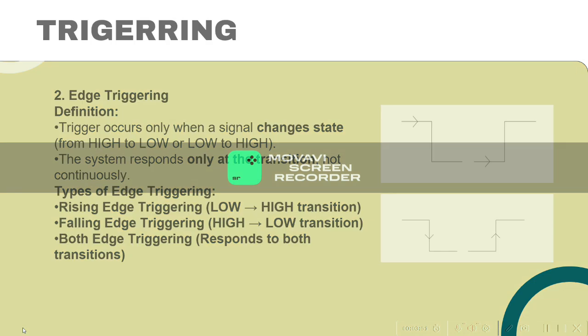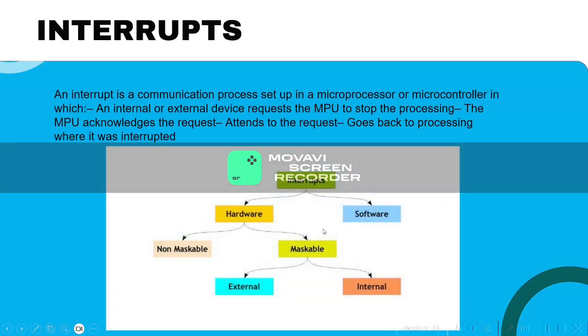Now we will see another component, which is interrupts. An interrupt is a communication process set up in a microprocessor or microcontroller in which an external or internal device requires the MPU to stop the processing. The MPU acknowledges the request, attends to the request, and goes back to the processing where it was interrupted.